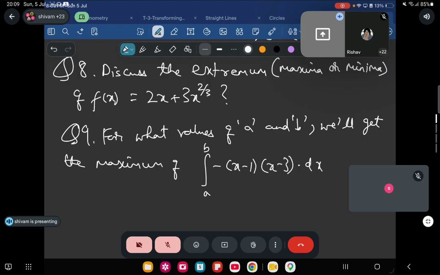Which one is maxima, which one is minima? No, you made a mistake. Maxima is okay. But write down where you are getting the minima. Over here you are getting maxima or minima? Maximum. Write down minima. Okay, solve it.